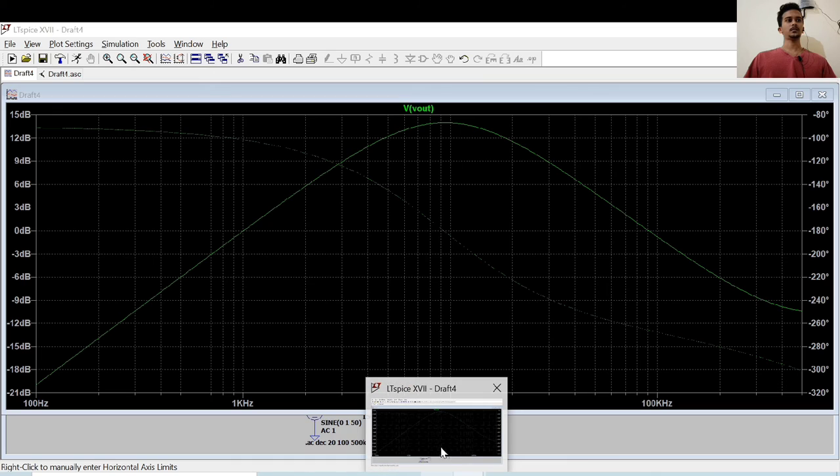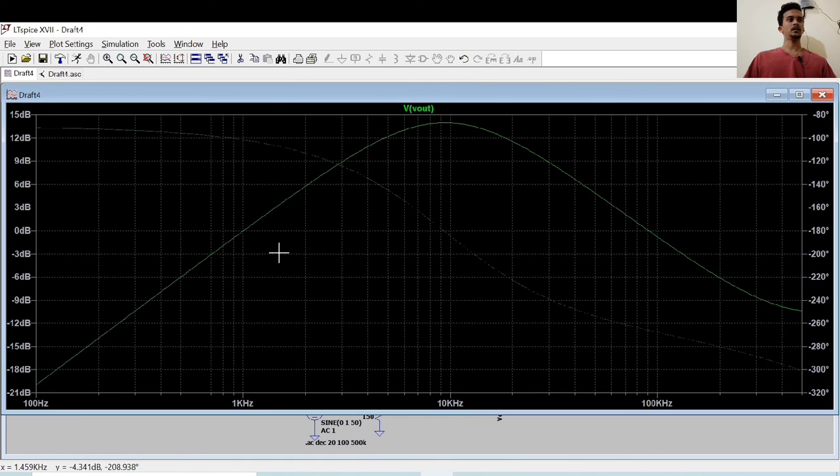At the unity gain frequency the gain becomes 0, which is FA, 1 kilohertz we have taken. After 10 kilohertz the gain decreases at 20 dB per decade, and as the frequency increases higher and higher, it will again go into negative gain. So you can see here negative gain. So our frequency response is right.